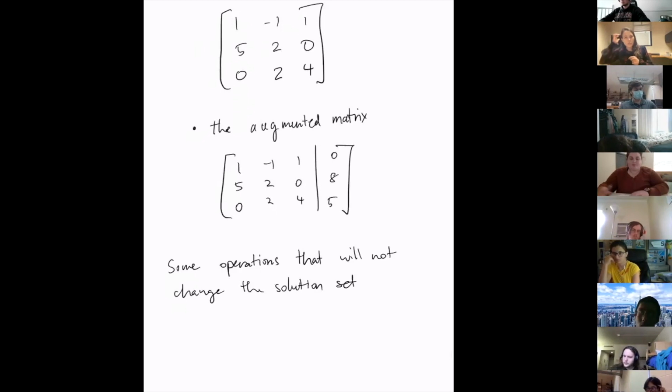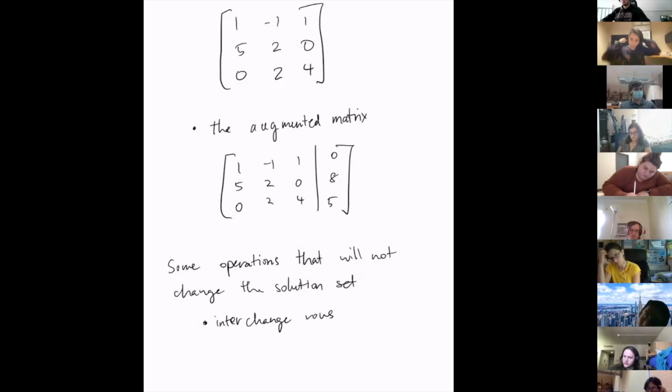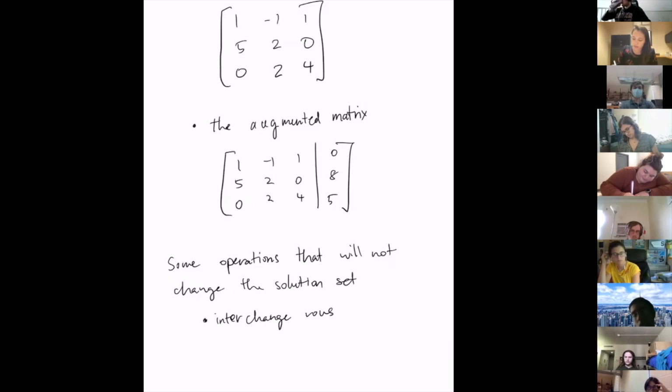One obvious one is that we can interchange the rows. Interchanging the rows is just the same as interchanging two equations. Writing one above another really doesn't change the solution set, right? So we can move them around, we can change the rows around. It doesn't change the solution set.